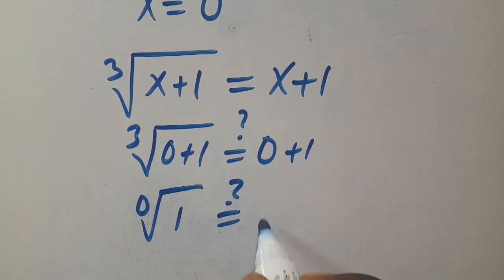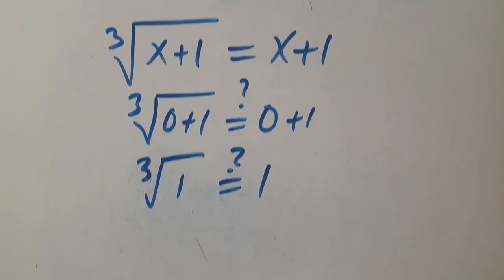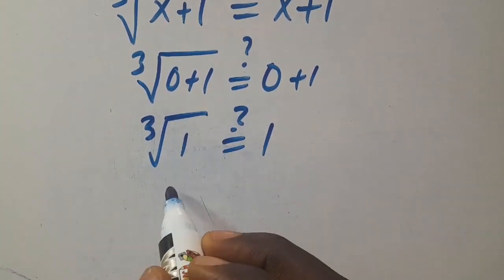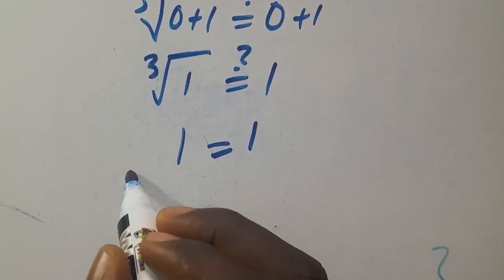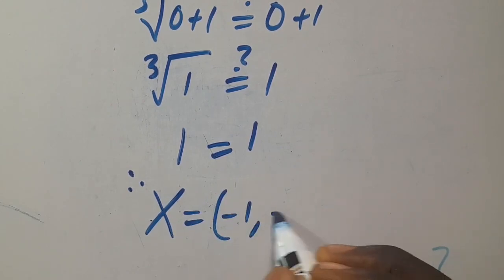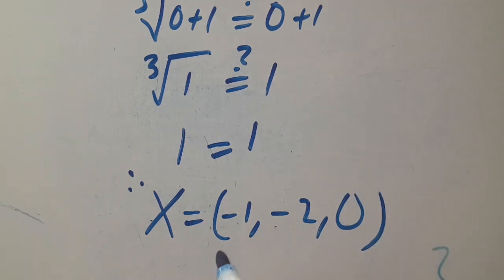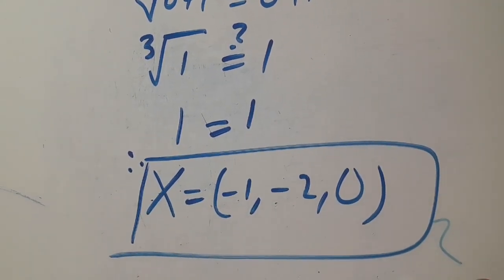Then 0 plus 1 will be 1. So the cube root of this will give us 1, and this also equals 1. So therefore, x equals minus 1, minus 2, and 0 are the correct values of x for the given problem.